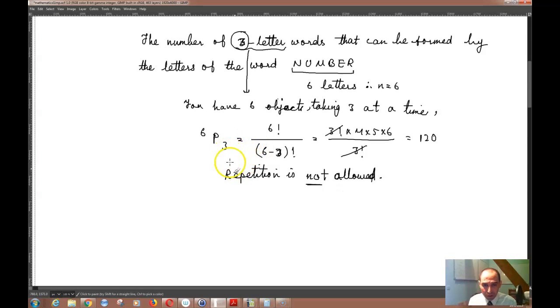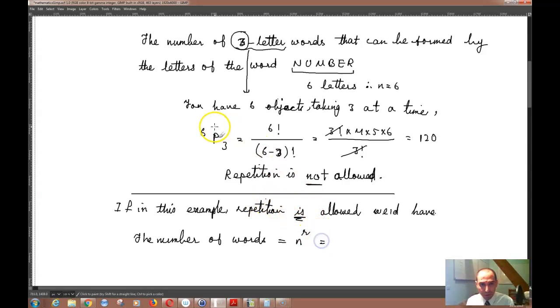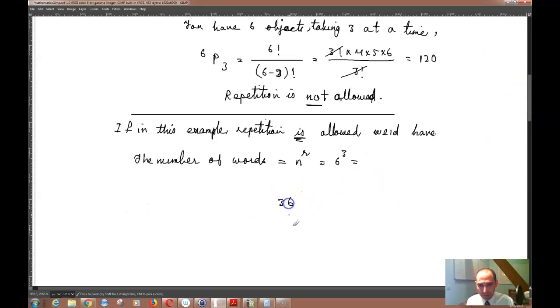Now if repetition here is allowed, in this example we would have the number of words equal to n raised to the power r, which would be basically 6 raised to the power 3, which is equal to, I don't know, 36 times 6, which is 216, right?